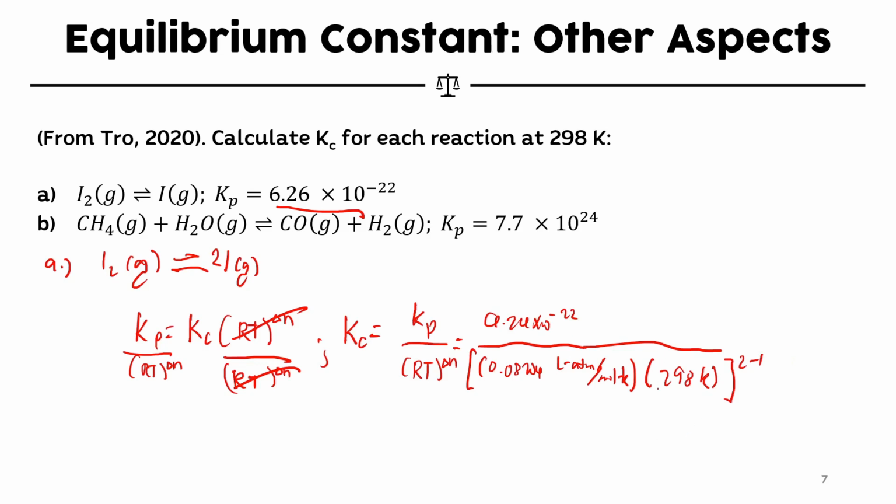So the equation is equal to 6.26 times 10 to the negative 22 divided by 0.08206 times 298.